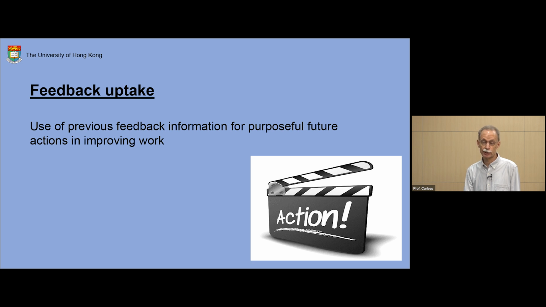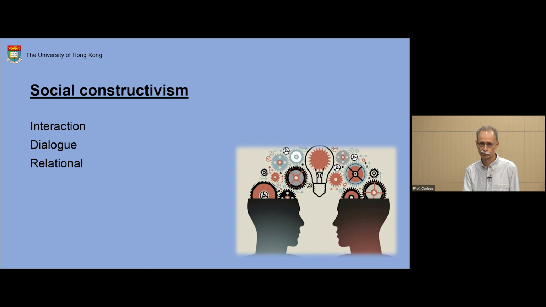It is read through the prism of the grade, so naturally students look at the grade first and they then may downplay the feedback. Feedback is often difficult to understand, particularly if it's in written form, and it can be hard for students to take action. And finally, there are the emotional dimensions: if feedback is upsetting, the learner may not want to engage with it. So feedback uptake and action is probably more complicated than one might think at first sight.